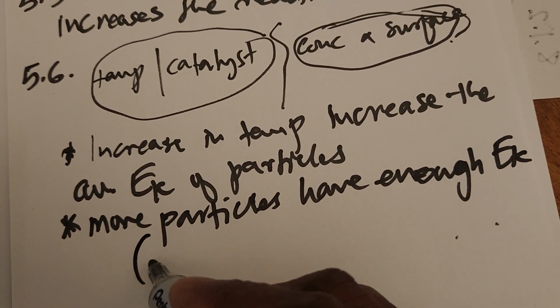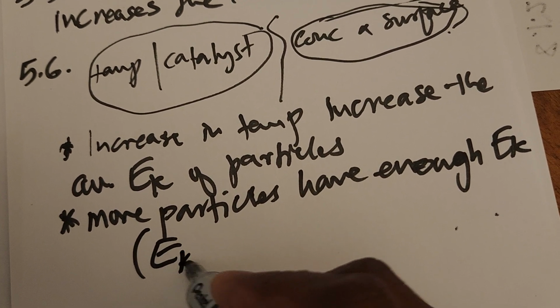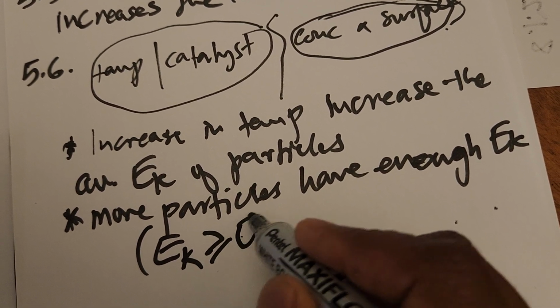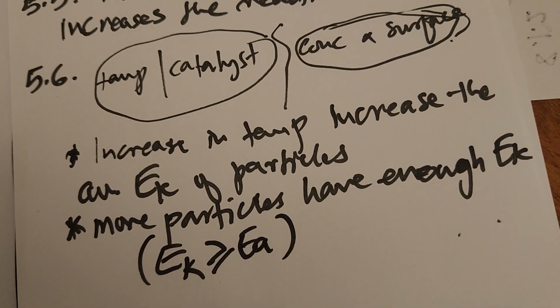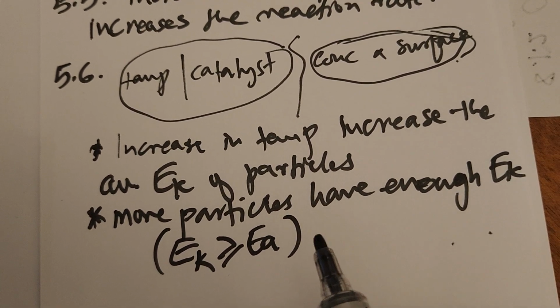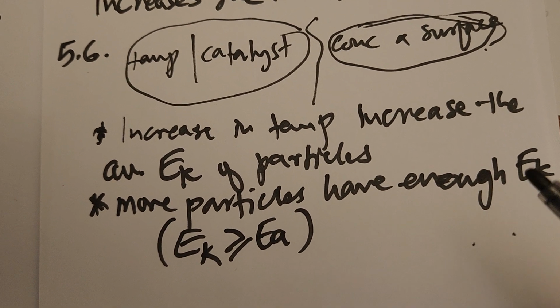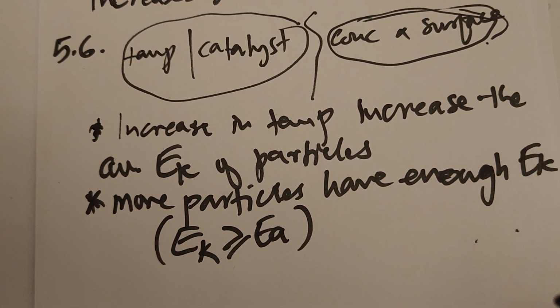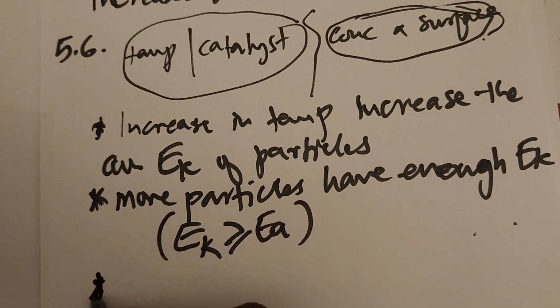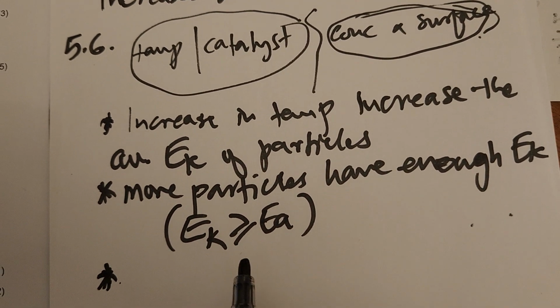What is enough kinetic energy? We normally say this is the kinetic energy that is greater or equal to the activation energy. Or you can even just say the particles with enough kinetic energy increases. So fine, the number of particles with enough kinetic energy increases.